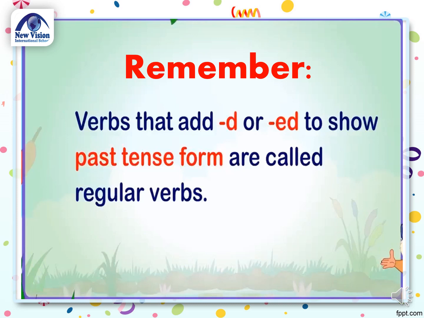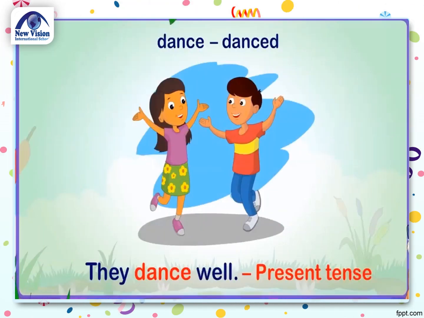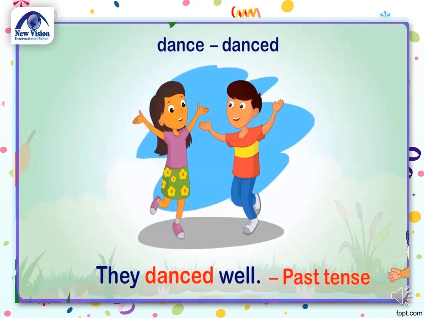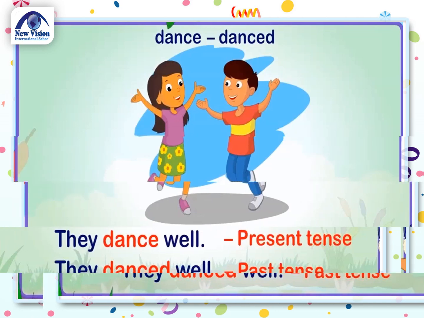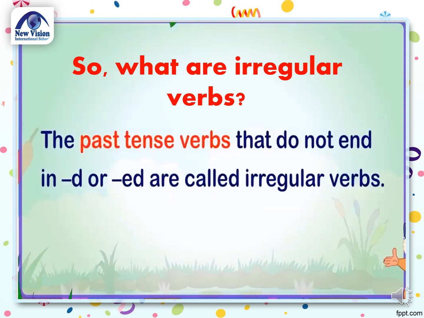Remember, verbs that add d or ed to show past tense form are called regular verbs. Dance. In the present tense, they dance well. They danced well. This is past tense. So what are irregular verbs? Again, the past tense verbs that do not end in d or ed are called what, boys and girls?